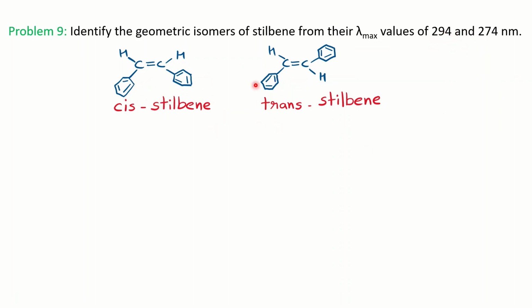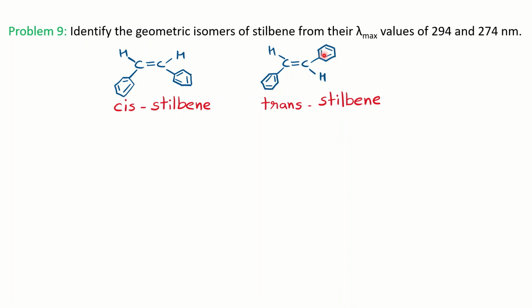If you notice the two structures, in the cis structure the two bulky groups are on the same side, causing steric crowding, right? So the planarity will be lost here, and the molecule will not be planar as compared to the trans. In the trans form, the extension of conjugation is present.